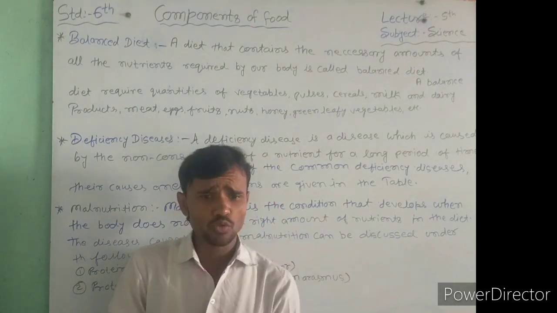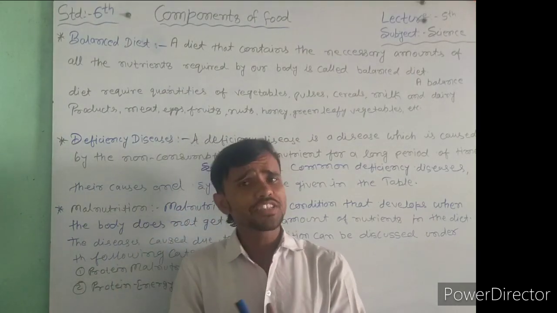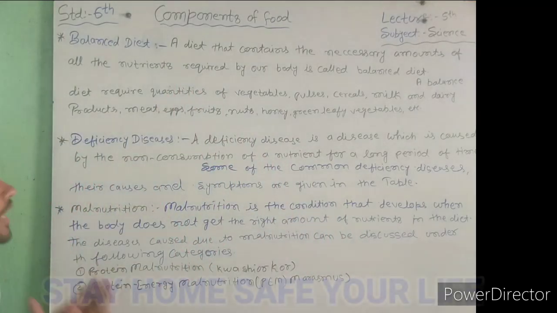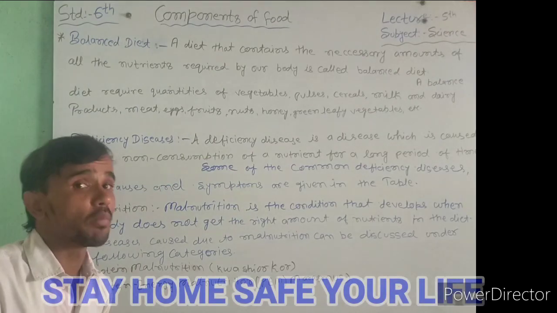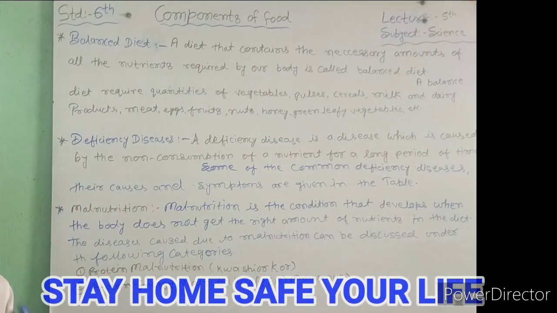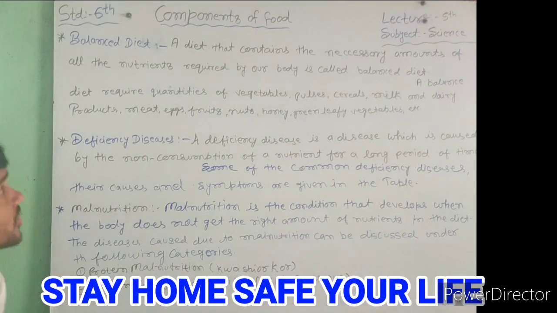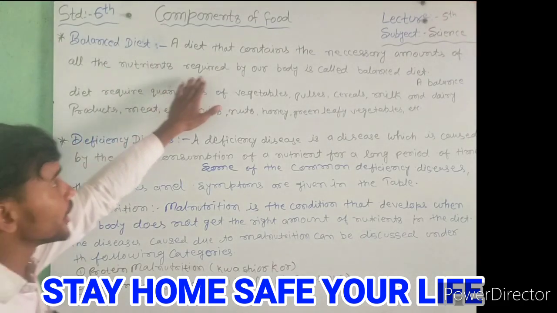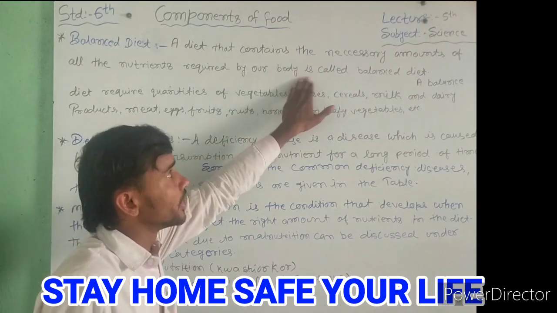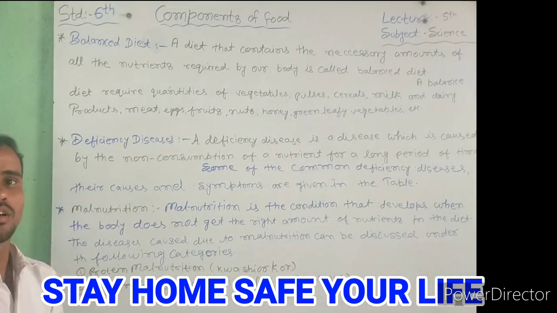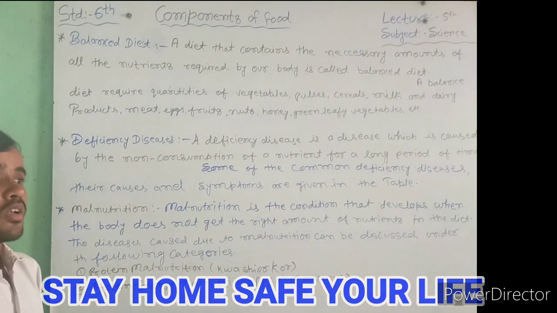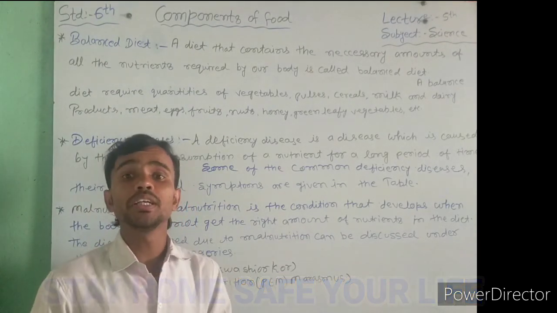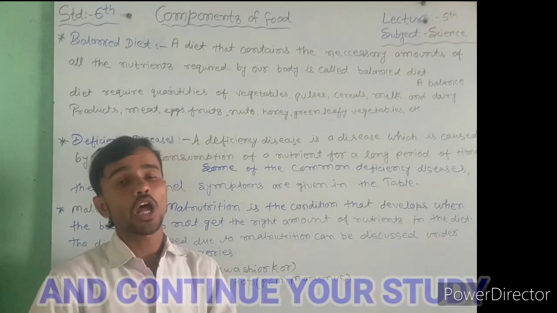So my dear students, a balanced diet is a diet that contains the necessary amount of the nutrients required by our body. It means what types of food we eat, and that is necessary for our body.